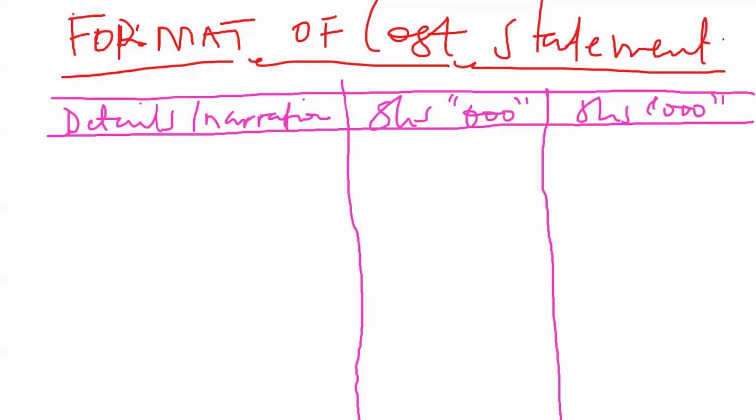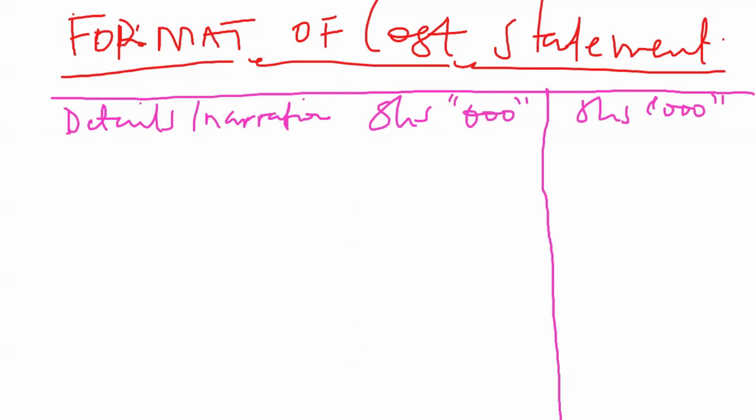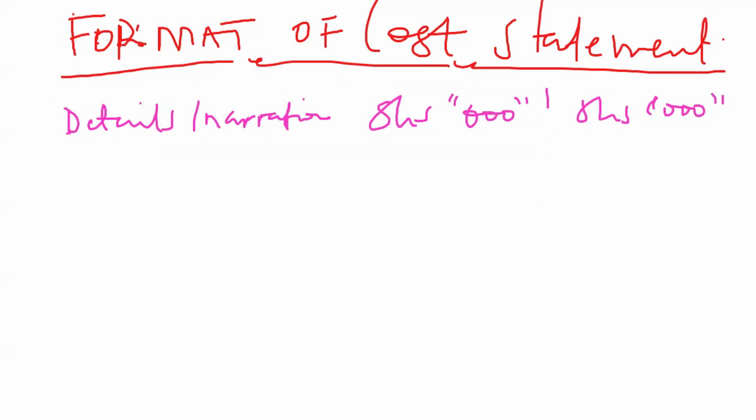So I'm putting these columns and I'm drawing these lines, but these are not supposed to be in tables. I'm just creating a format, but these are not supposed to be in tables. So let's delete them. They are supposed to be like the way you have seen.